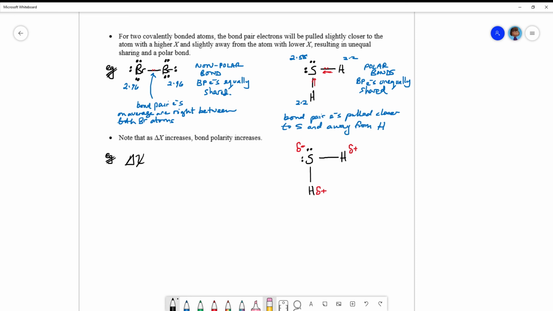Delta chi for the bromine-bromine bond would be, well, each atom has an electronegativity value of 2.96. 2.96 minus 2.96 equals 0. So there is no difference, which is why the bond is nonpolar and the electrons are shared equally. As it turns out, we will always get a delta chi value of 0 for a nonpolar bond.